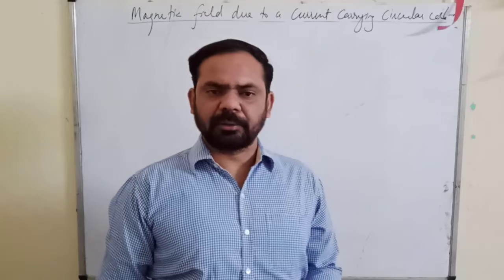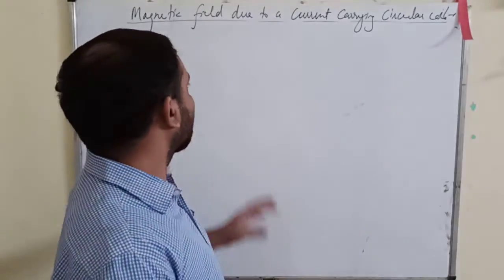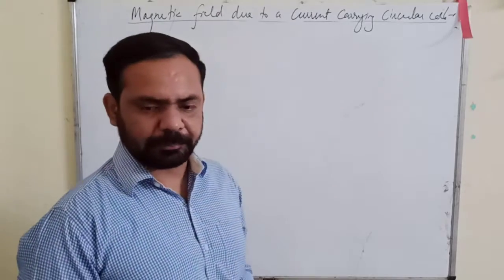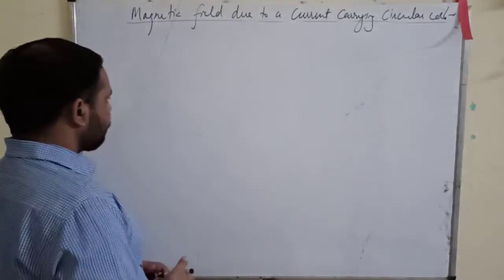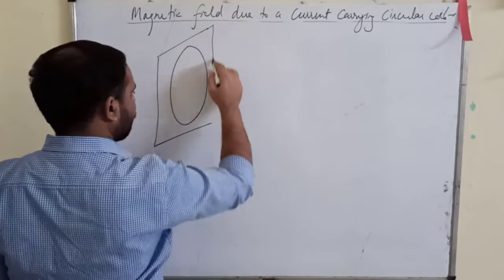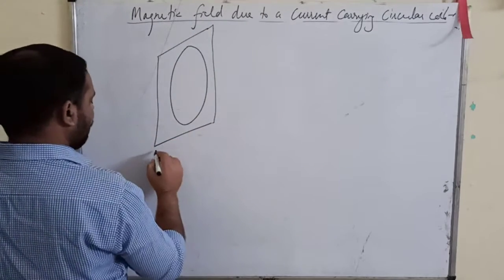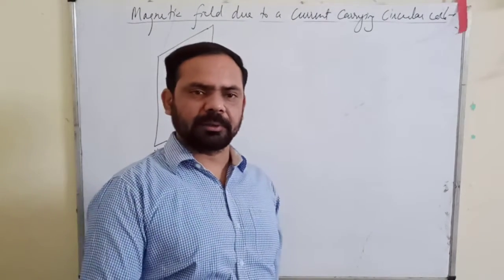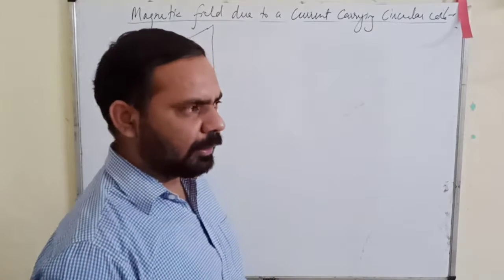Today we will start from the topic magnetic field due to a current carrying circular coil. Let us suppose that we have a circular coil here in the xy plane.